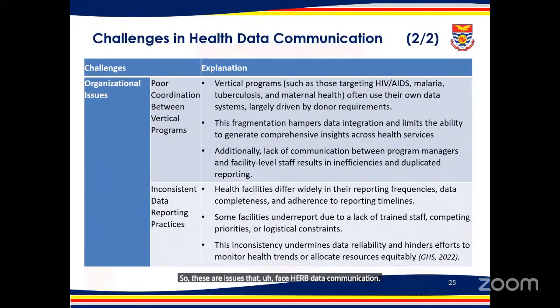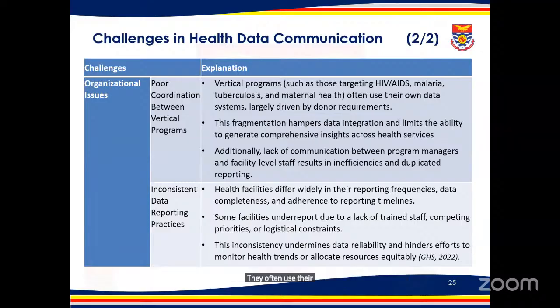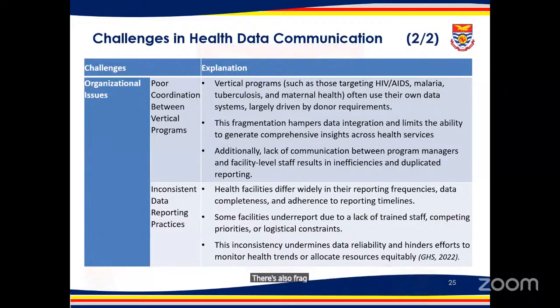We also have organizational issues like poor coordination between the vertical programs. So vertical programs, as I've mentioned earlier, HIV/AIDS, malaria control, TB, maternal health issues, they often use their own data systems, largely driven by donor requirements, and there's little we can do in that area. There's also fragmentation of this.